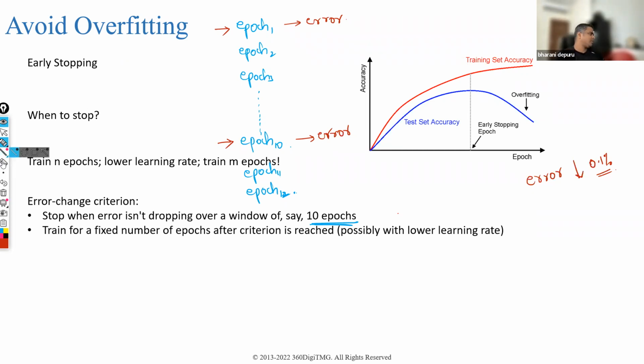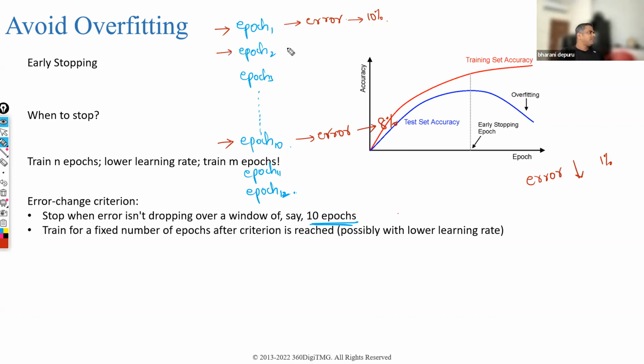Let me put 1% just for your understanding. Say here the error was 10%. After 10 epochs, when you observe, the error was say 8%. That means a 2% reduction. What is the condition that you put? If the error rate decreases by 1% in a window of 10 epochs, continue running.